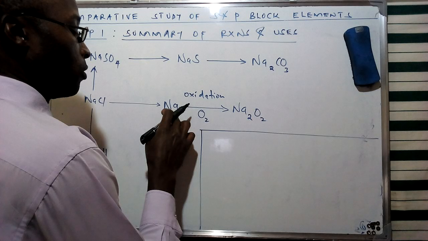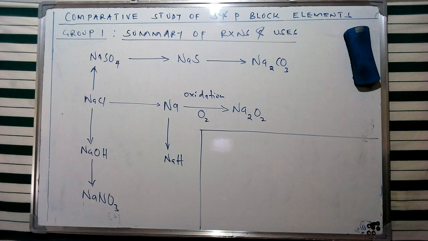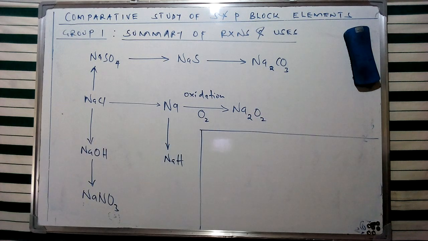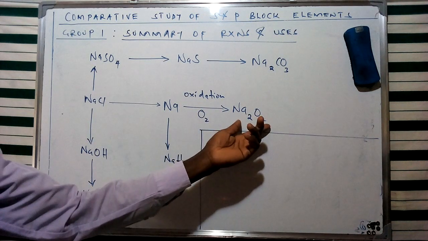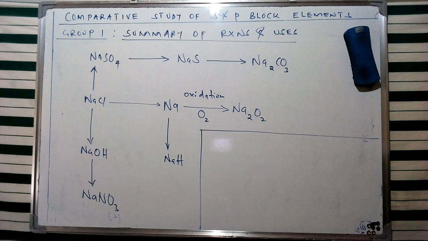So sodium is going to undergo oxidation to form sodium peroxide, which I mentioned in one of our videos as a powerful bleaching agent used in industry. One of the applications, which I said is used in spacecraft and submarines, is in the production of oxygen as a product in reaction with some of the other compounds.